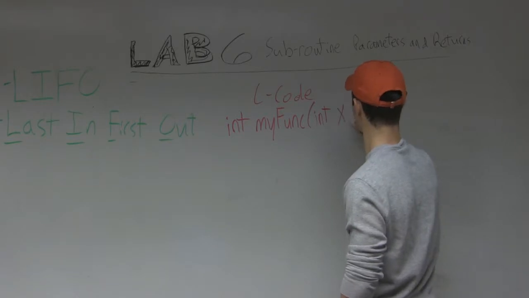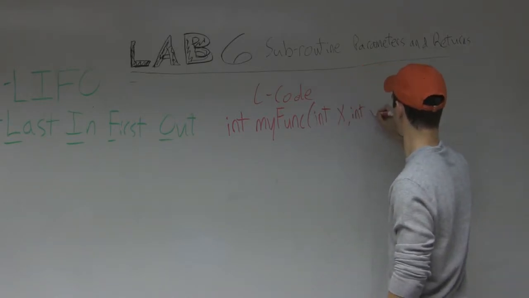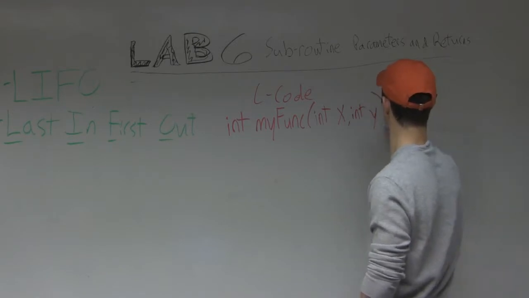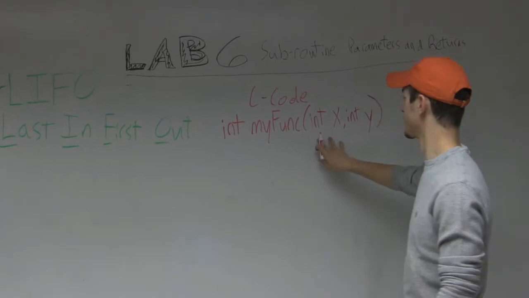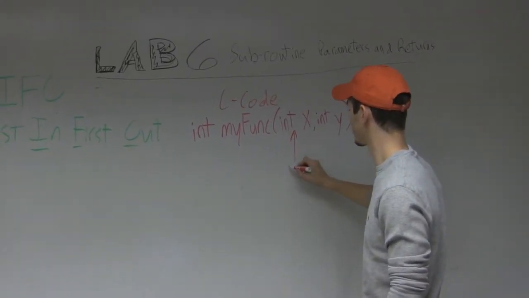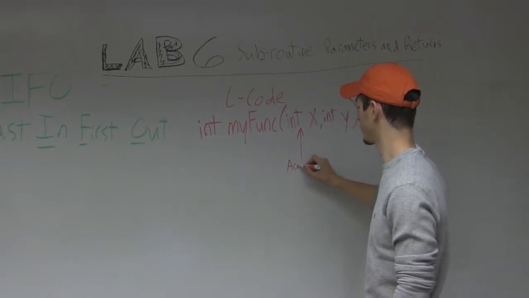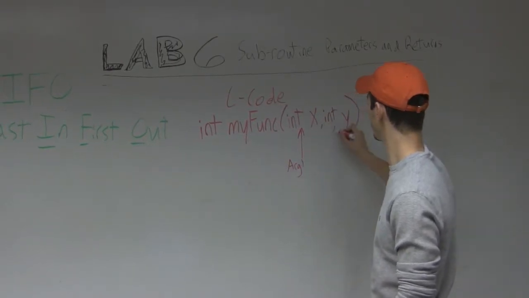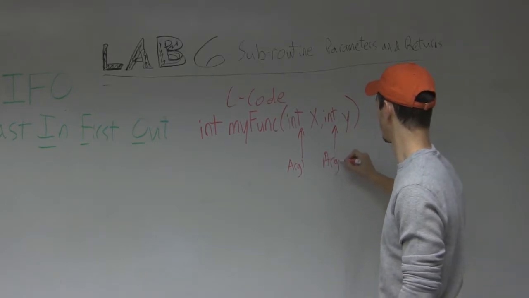Call them x and y. Now, the one thing to note here is that x is your first argument, so we can denote it as R1, and y is your second, R2.